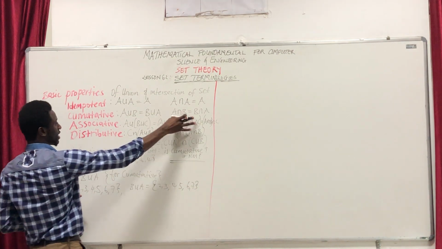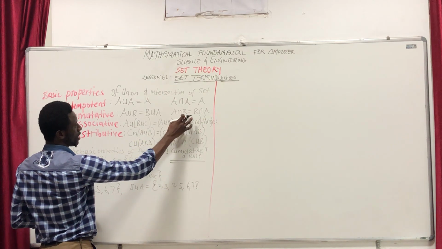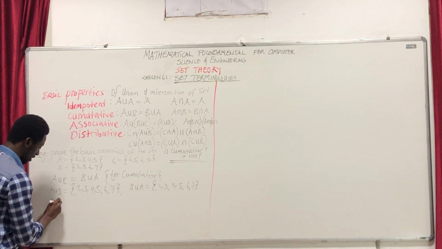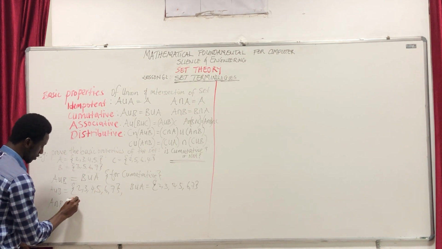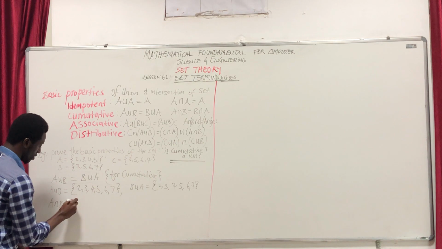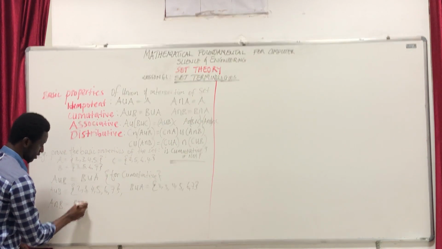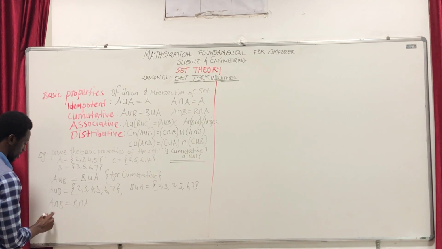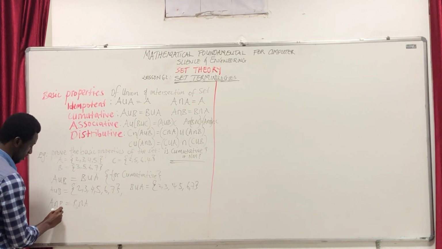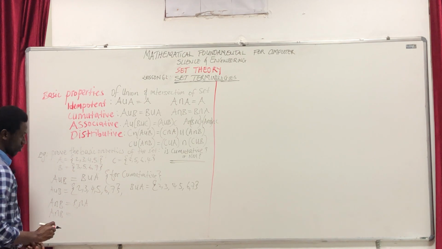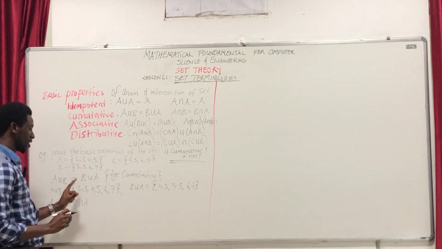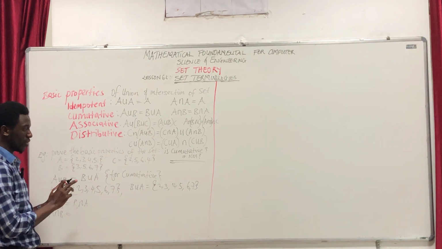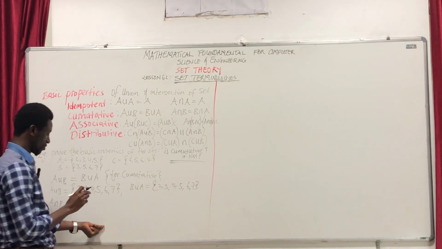So let's check for intersection again. A intersect B is equal to B intersect A. We'll prove this again. First, we take A intersect B. Here we see the common elements in the sets, the elements that are in A and B only, but not all.